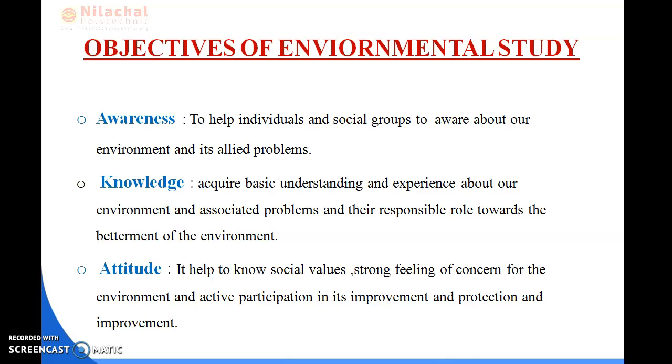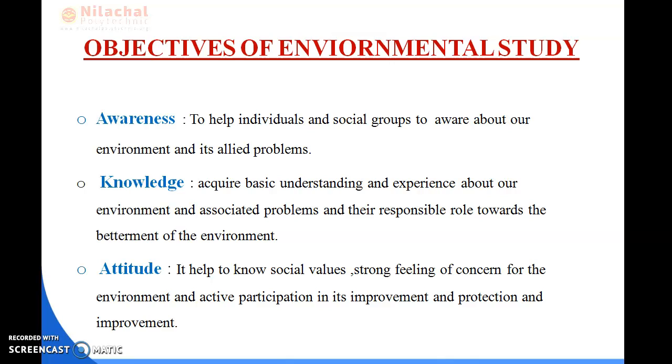So whenever you get the knowledge about the environmental study, it helps individuals and social groups to acquire a basic understanding of the environment and its associated problems, and their responsible role towards the betterment of the environment.